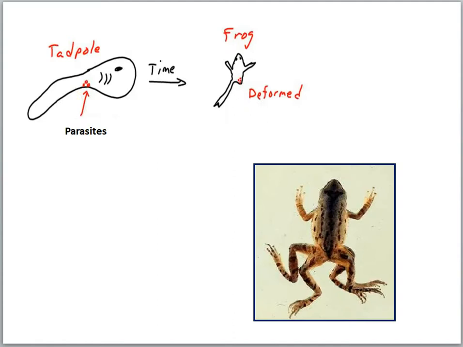So it raised the possibility that maybe as tadpoles, the parasites somehow got into the tadpole at just the places where perhaps legs were later going to form, and interfered with the formation of legs. So in this case, maybe the leg would not grow, or the parasites, just by the nature of where they inserted themselves, could influence development in another way to make extra legs. So this we'll call the parasite hypothesis.